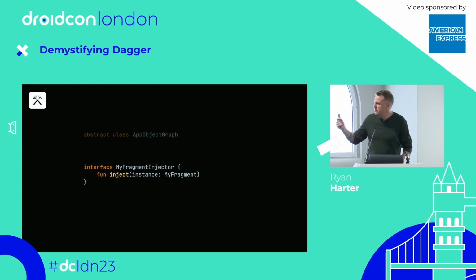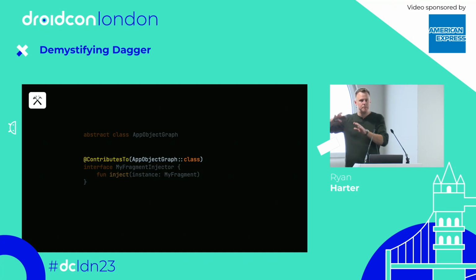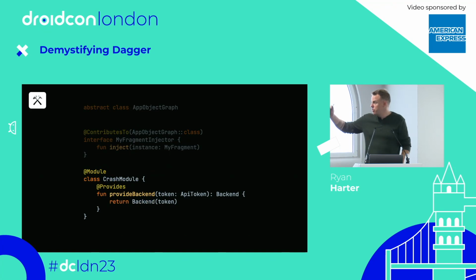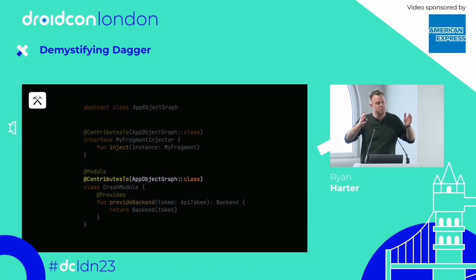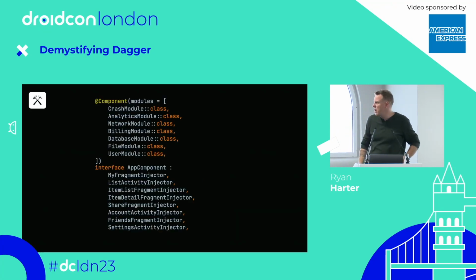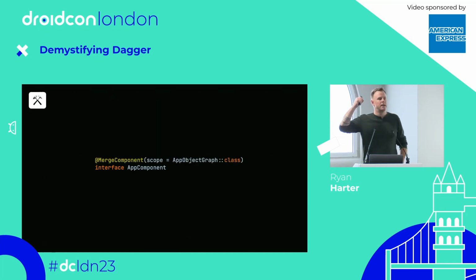What you do with Hilt is, one of those interfaces, like the my fragment injector that might live in your module, you can add Anvil's contributes to annotation and give it a marker class, whatever marker class that's going to be, for whatever scope you want. Then instead of manually defining your component, you would use Hilt's merge component annotation.